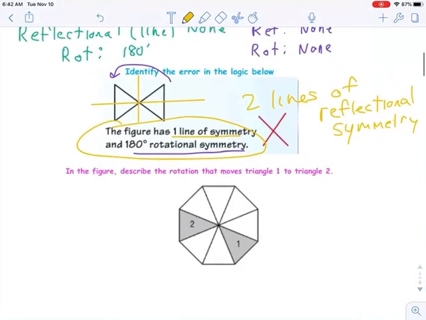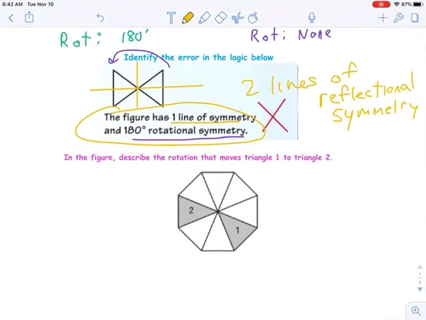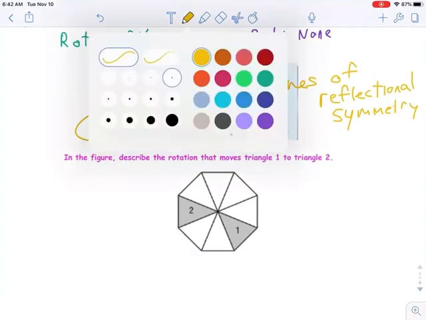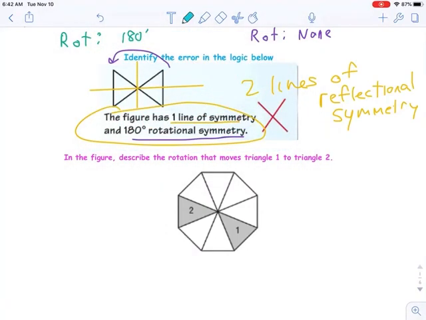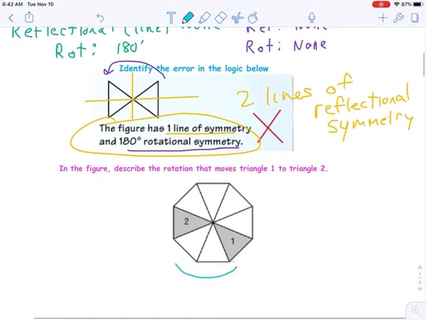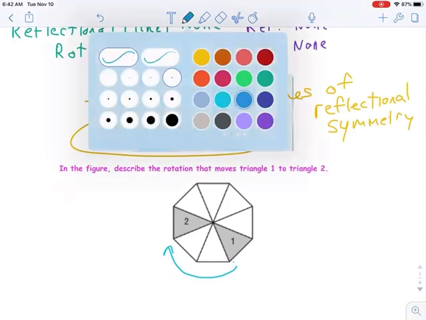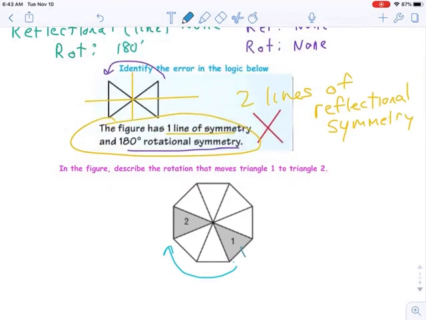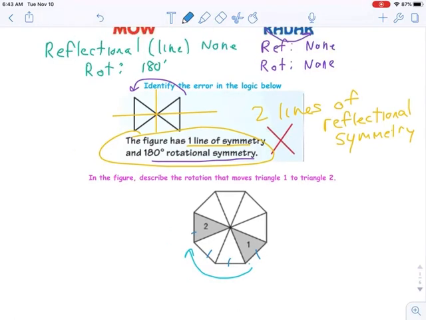All right. In the figure, describe the rotation that moves triangle 1 to triangle 2. All right, so let's see, triangle 1 to triangle 2. How many degrees is this? Well, let's think for a second. There's 1, 2, 3, 4, 5, 6, 7, 8.